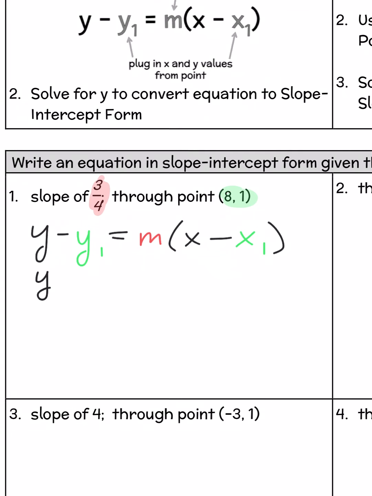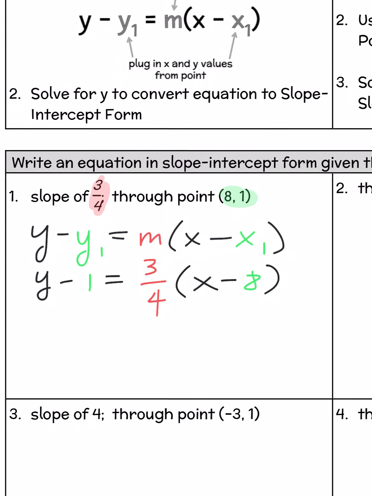So when I fill in the blanks, y minus, in green, 1 equal to 3/4 times x minus 8. And that's my point-slope form. Okay? That's my point-slope form.